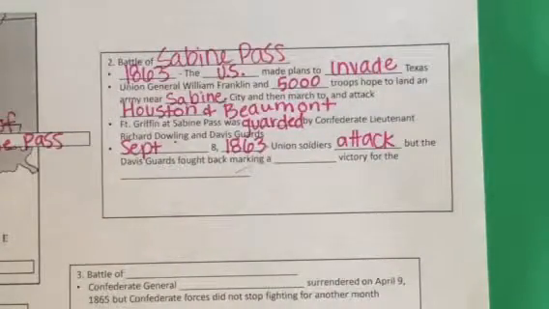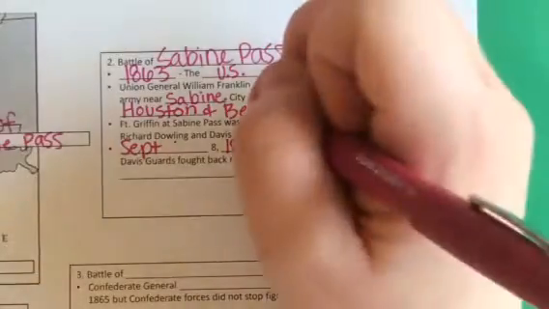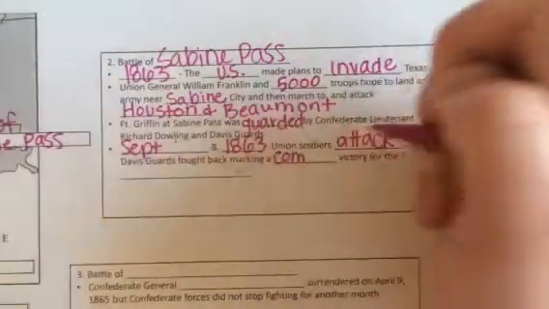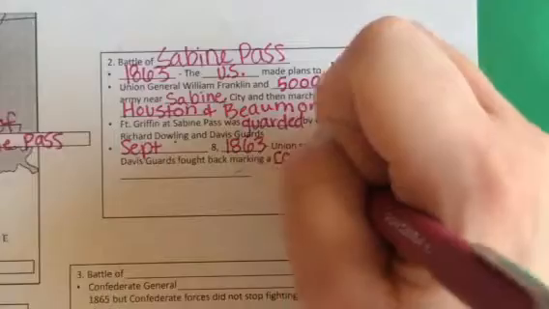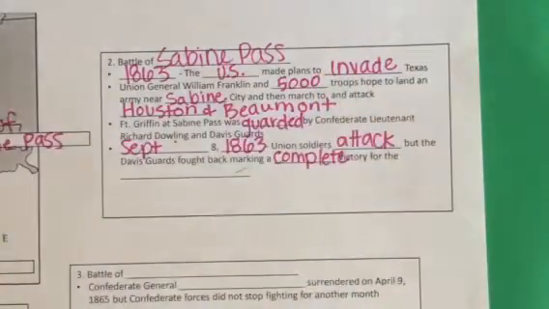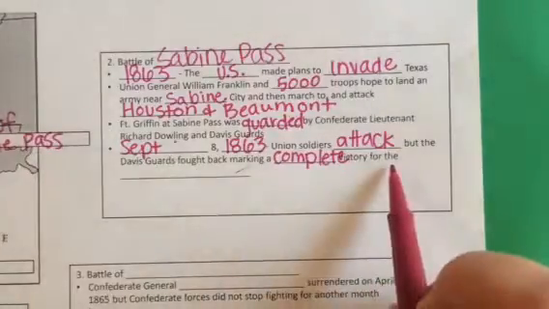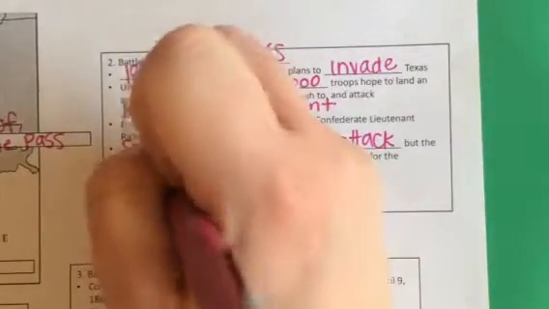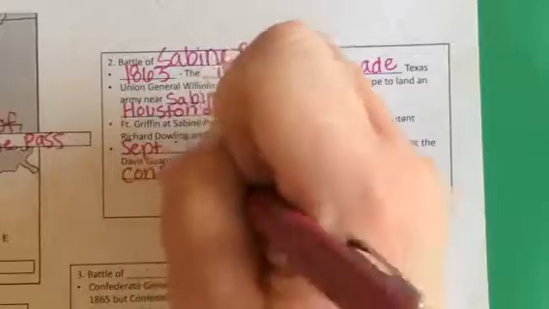But the Davis Guards fight back, marking a complete victory for the Confederacy. That means that Texas, the side that Texas was on, won this battle. So complete victory for the Confederacy.